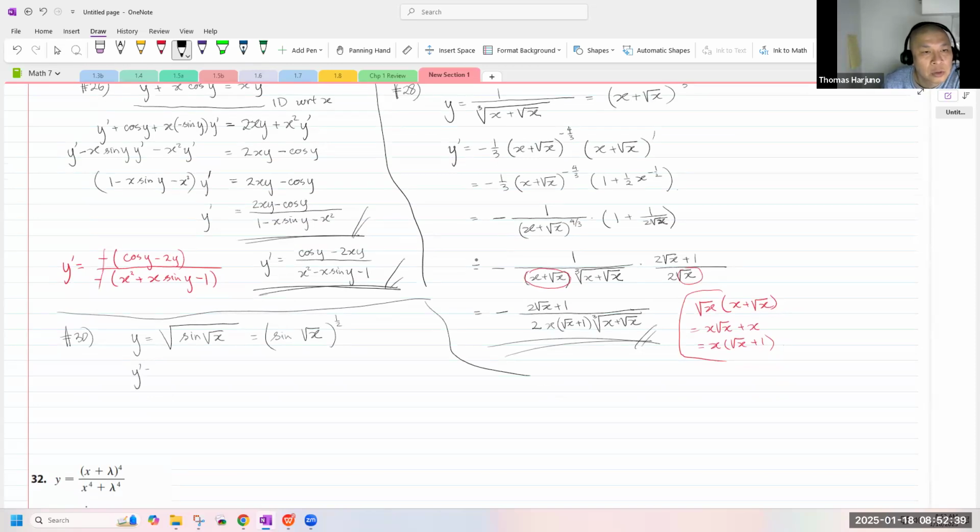So y prime equals 1/2 sine square root of x to the power of negative 1/2 times the derivative of sine square root of x. That's 1 over 2 square root of sine square root of x times the derivative of sine blah, which is cosine blah, times the derivative of blah.